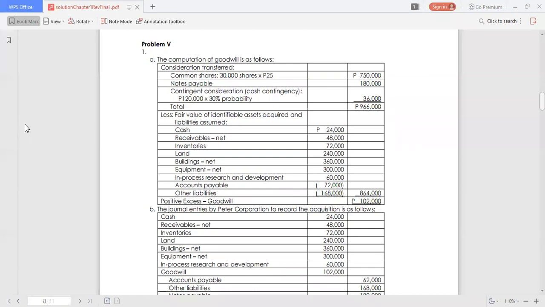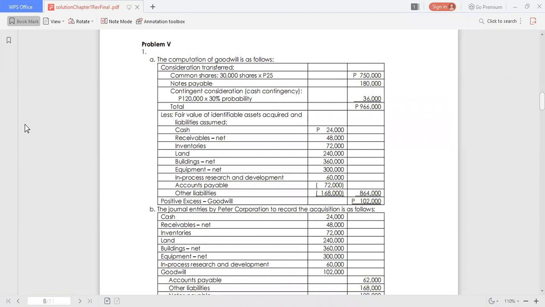and development in the amount of 60,000. We now have accounts payable, deduct 72,000, and 168,000.